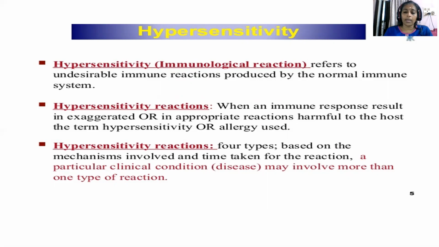It's a clinical condition or a type of disease that involves more than one type of reaction. A hypersensitive reaction can be many types of conditions, an array of reactions that come together. It could be swelling, itching, or a rise in temperature.